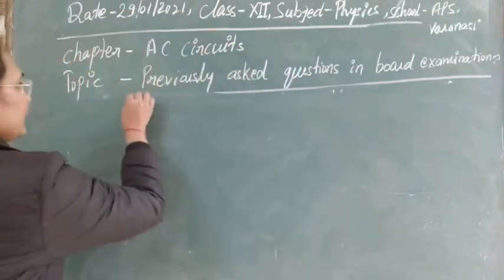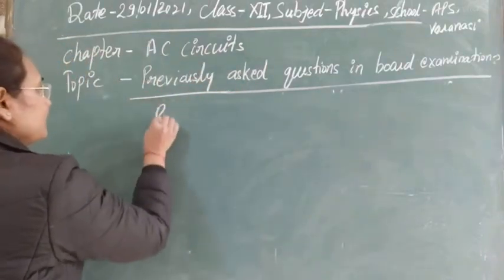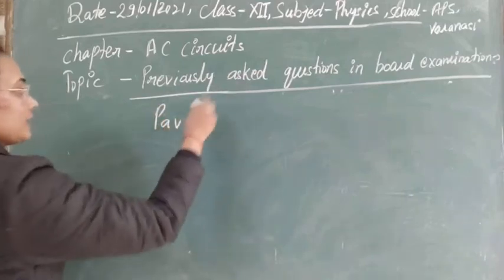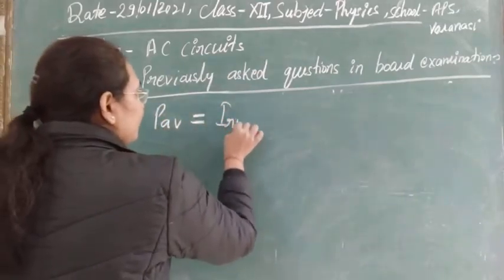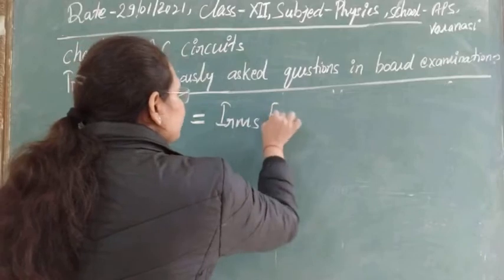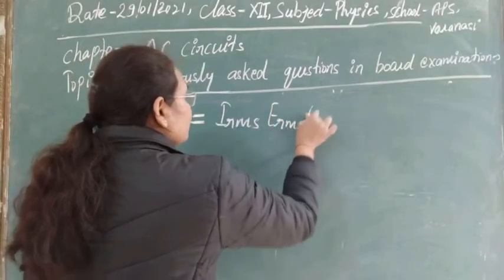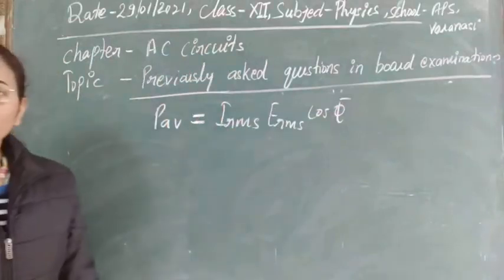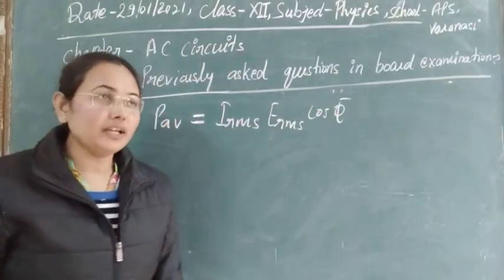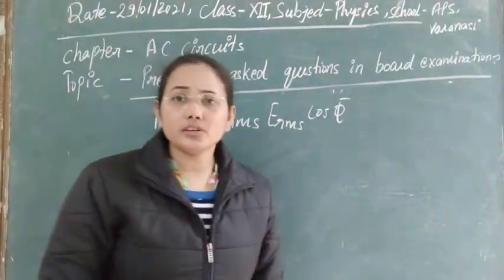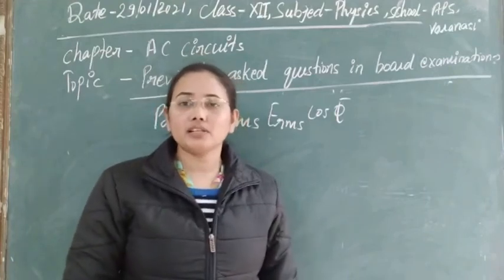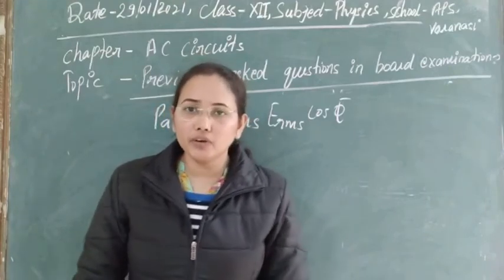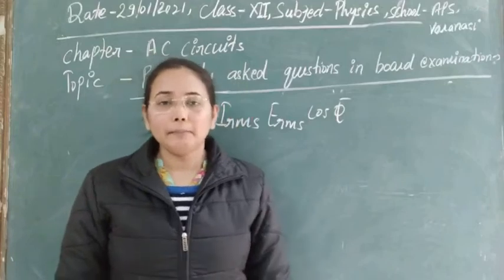As you know, the average power supplied to an AC circuit is given by I RMS E RMS cos phi, where phi is the angle between voltage and current. We know that in an inductive or capacitive circuit, the phase difference between voltage and current is pi by 2.